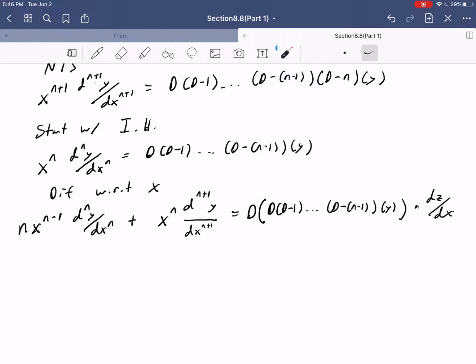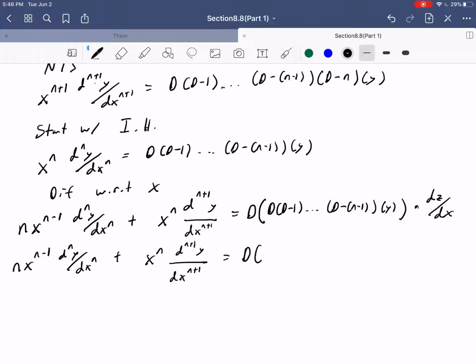Well, remember, we're doing that substitution: x equals e to the z, or z equals ln x. So this is 1 over x. So we've got n x^(n-1) d^n y/dx^n plus x^n d^(n+1) y/dx^(n+1) equals d (d minus 1) through (d minus n plus 1) of y, then times 1 over x.